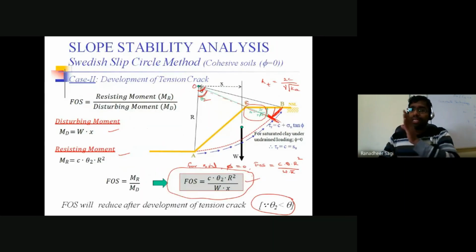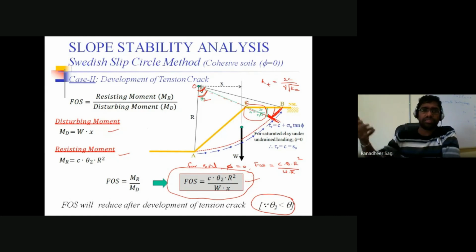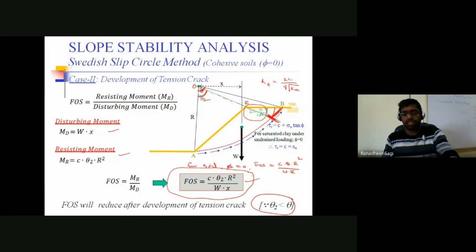So now, in case the water is getting filled into that particular crack which got formed, let's say it is a rainy season. When there is a rainy season, it is obvious that because of the runoff water or the water droplets during the rain, water goes and occupies the space in that crack.